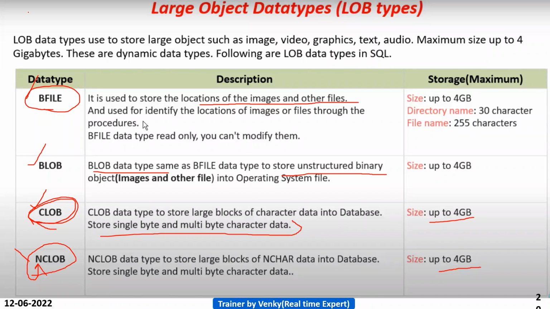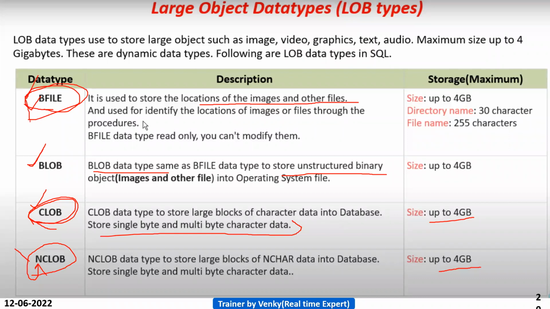So BLOB and BFILE are used to store unstructured binary data in an operating system or database. Unstructured binary data is stored into the database by using BLOB and BFILE. So BFILE, what does it do?